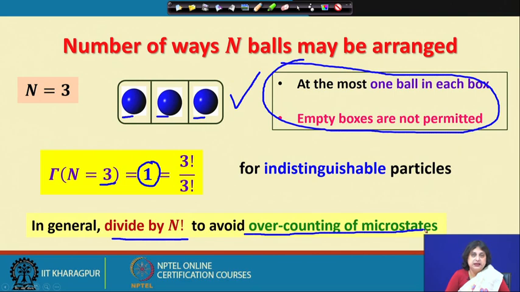overcounting of microscopic states. We are going to use this concept later on, but there are two ingredients that you must be aware of that we are using here. First of all, as it follows from our previous discussion, we must be concerned about the box, that is, one energy state at the microscopic level where I am putting the particles to construct the actual representation of the microscopic state of the system.